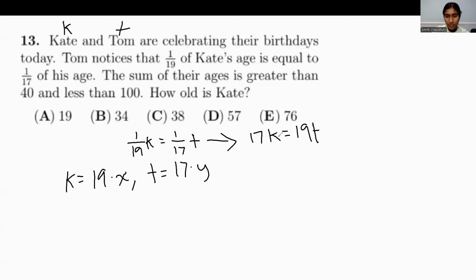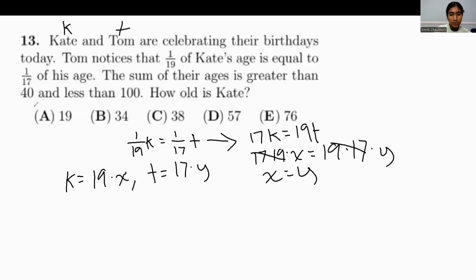Now let's plug this in over here where we said 17k equals 19t. So that means 17 times 19 times x equals 19 times 17 times y. Oh, sorry, y. Here, let me fix that. So if we cancel these out, that means that x equals y.